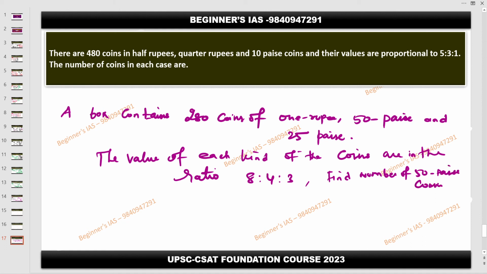So I will tell you the simple method how to solve this kind of question. First of all, write like this: rupee 1, then 50 paise, then 25 paise. Then write the ratio which has been provided: 8, 4, then 3.